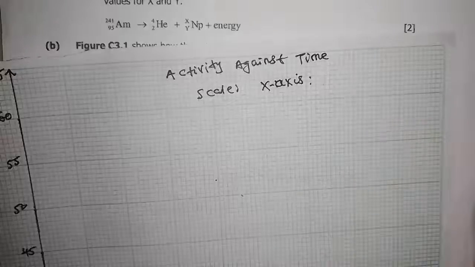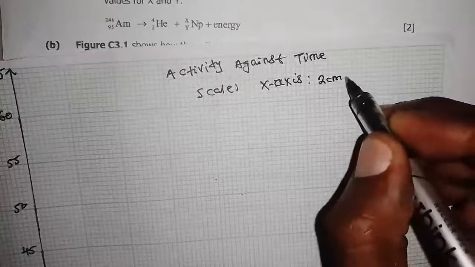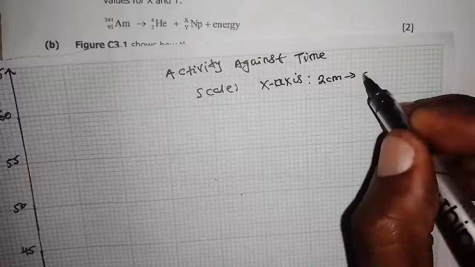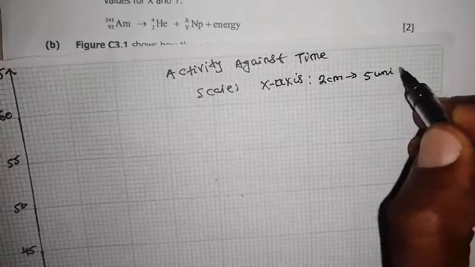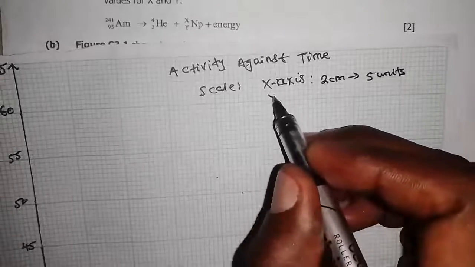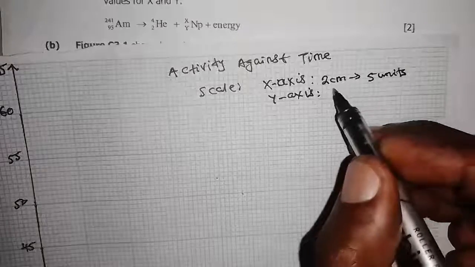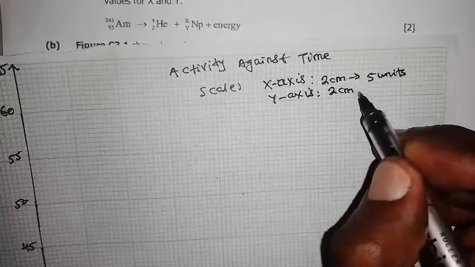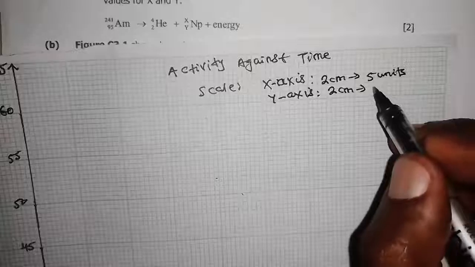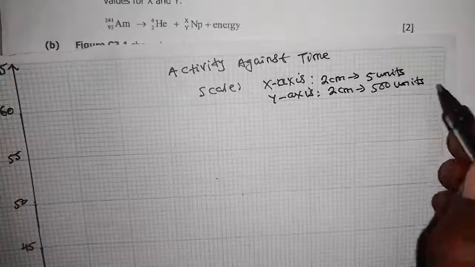The x-axis is 2 centimeter to represent 5 units, and also the y-axis is 2 centimeter to represent 500 units.